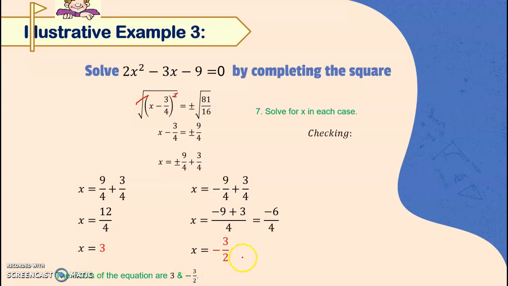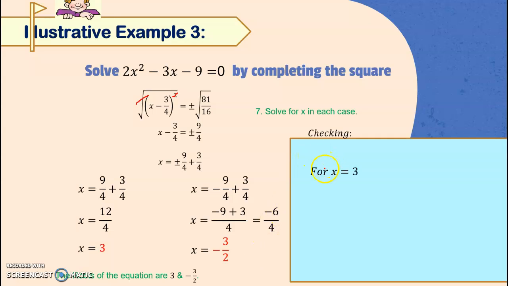Okay? Now for the checking, if x is 3, ganun din yung gagamitin natin yung original na equation. So, 2x squared minus 3x minus 9 equal to 0. So, yung mga x's dito, replace mo na lang ng value ng x, which is 3. So, 2 times 3 squared minus 3 times 3 minus 9 equal to 0. Diba yung 3 squared, that's 9.